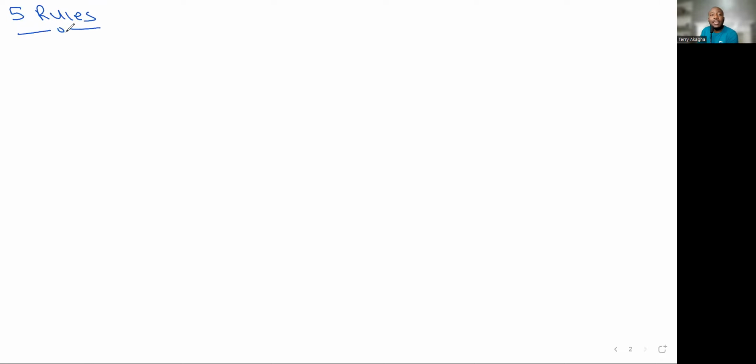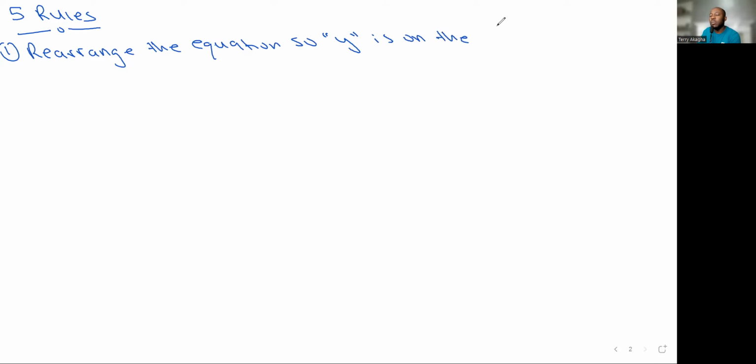Number 1, you have to rearrange the equation similarly to a line equation, so y will be on the left-hand side and everything else will be on the right-hand side.